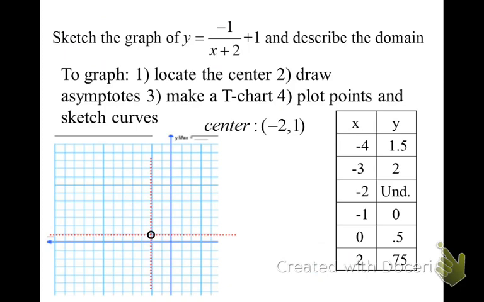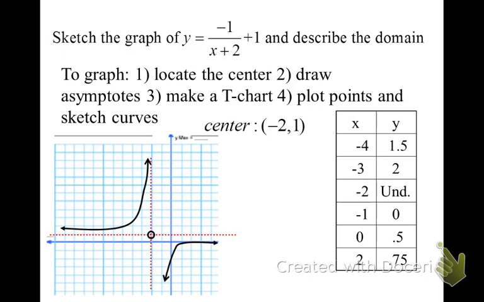Then we're going to plot some points. So if I plug in negative 3 for x, negative 3 plus 2 is negative 1. Negative 1 divided by negative 1 is 1, and 1 plus 1 is 2. So again, all we're doing when we make the t-chart is some plug and chug. The plug and chug is going to give you an opportunity to see where those graphs go.